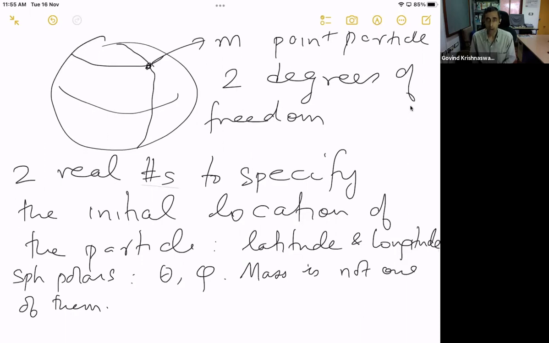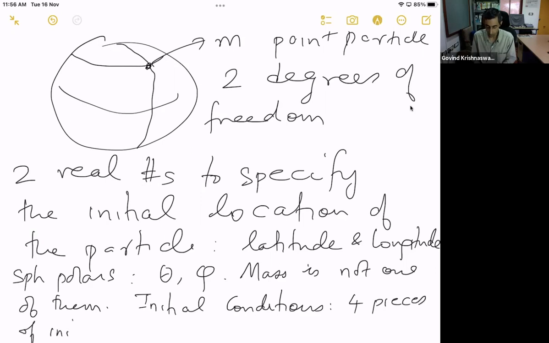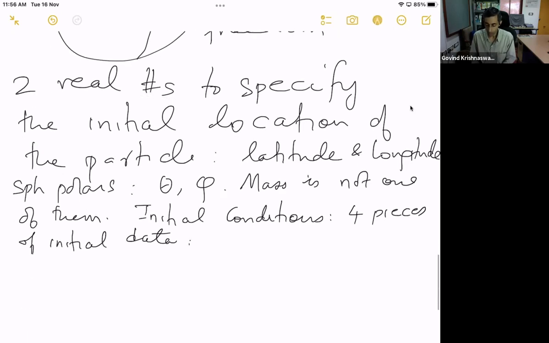And then we were asked how many pieces of initial data, initial conditions, to solve Newton's equation. Well, you need 4 pieces of initial data, amounting to the initial position and velocity.